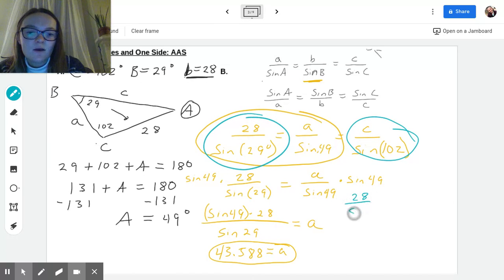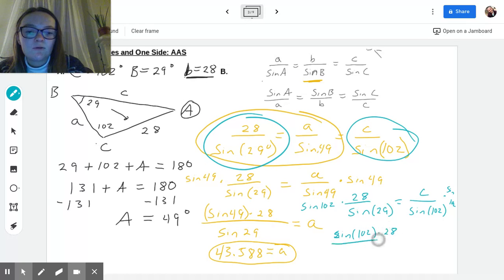So I have 28 over the sine of 29 is equal to C over sine of 102. If I multiply by sine of 102 on both sides, I'm going to get sine of 102 times 28 over the sine of 29. And I'm going to pause and evaluate that.